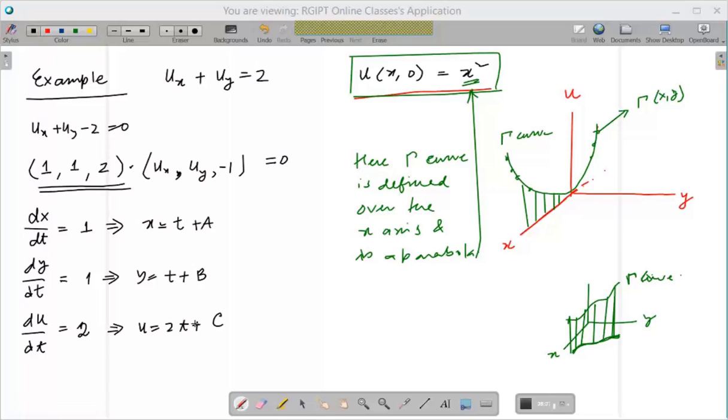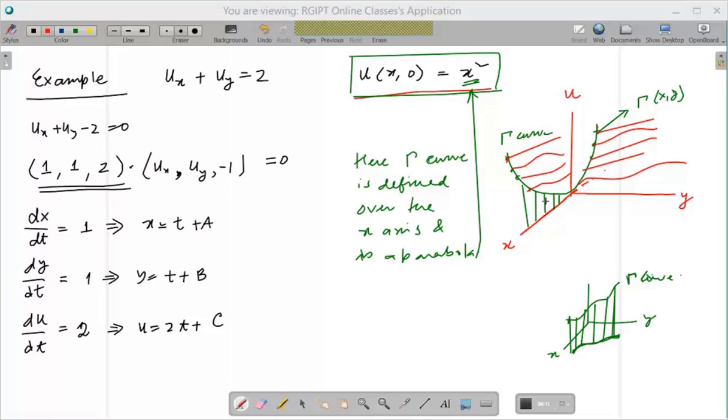So this would be your parametric representation of all these curves that you would have obtained from each point on this gamma curve. I do not know how they look, but I'm just drawing it arbitrarily. These will be your characteristic curves, starting from a particular point on a gamma curve.